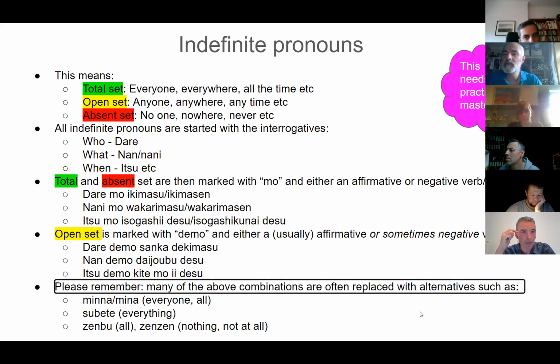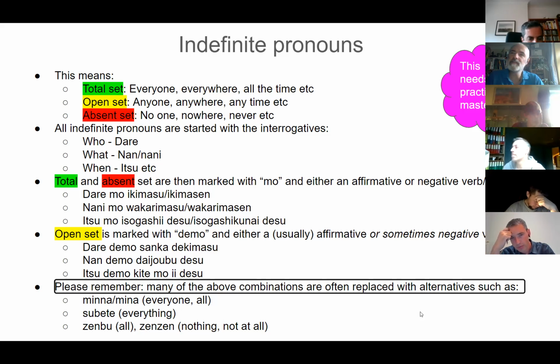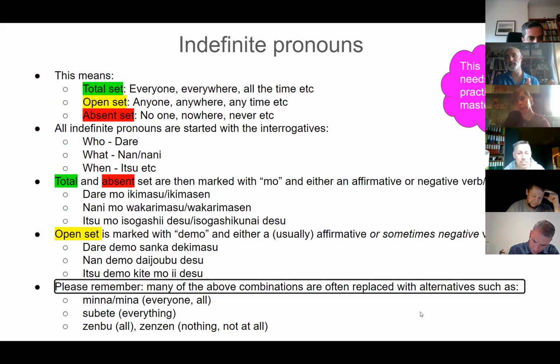Oh, I was just trying. Nandemo daijoubu desu. How would you translate it? Anything is okay. So you might remember that we used an example for this, which was you're at a party and somebody takes you up to the buffet table, and there's meat and there's vegetables and there's seafood and there's things with gluten in it and there's things without gluten in it.